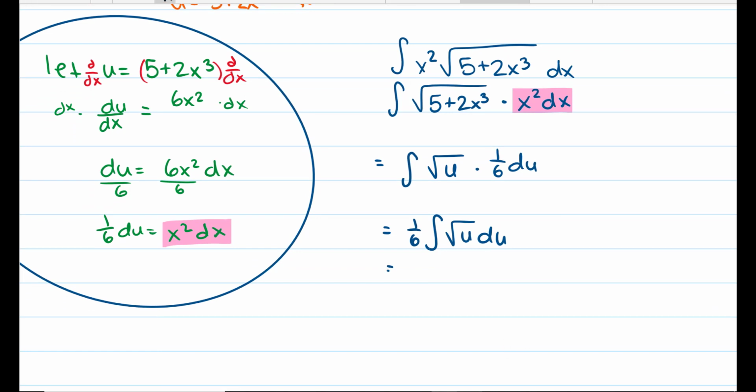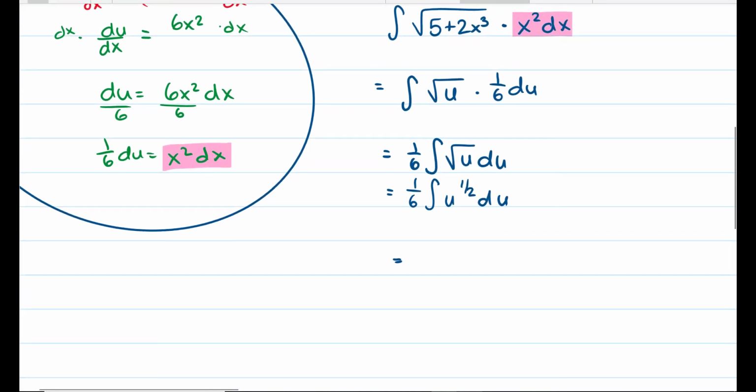I think it's also helpful to rewrite the square root as u to the 1/2. So now when you integrate, you're going to get 1/6 times u to the 3/2 divided by 3/2 plus c.